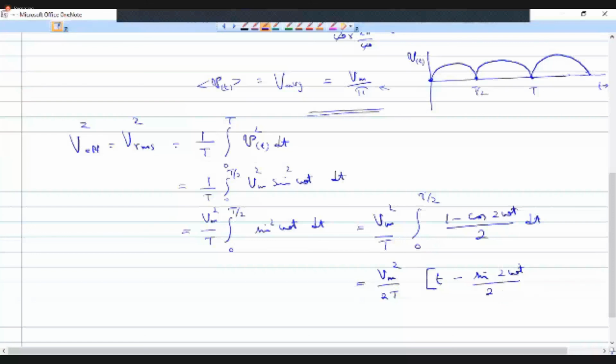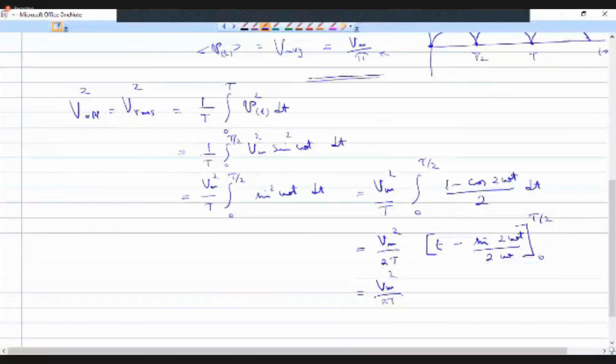Apply the limit 0 to T by 2. Vm square by 2T. So this will be T by 2 minus 0 for the first part, minus sine omega t, by cancelling out that 2 here, and minus sine of 0.